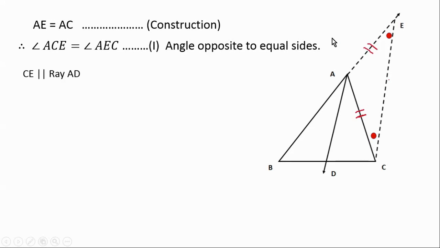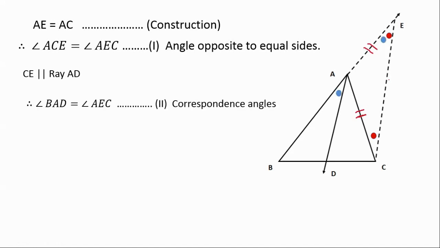Now, here CE is parallel to AD, so with respect to ray BE, angle BAD is equal to angle AEC. These are the corresponding angles.